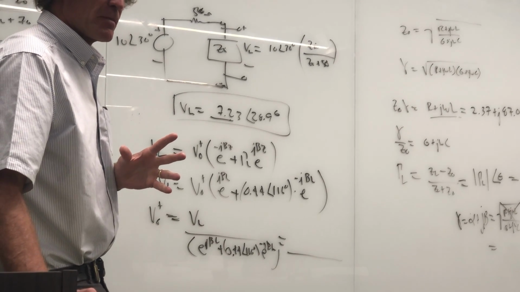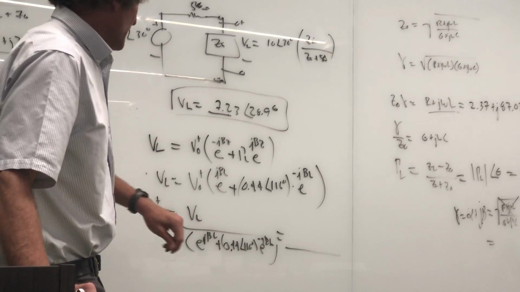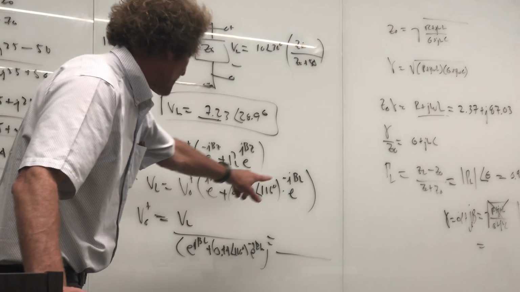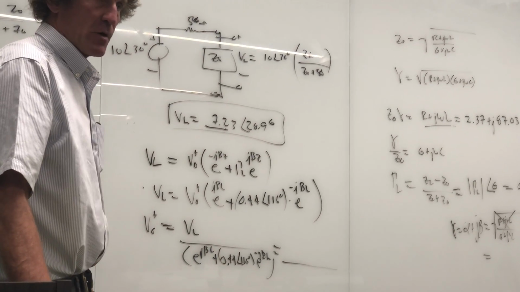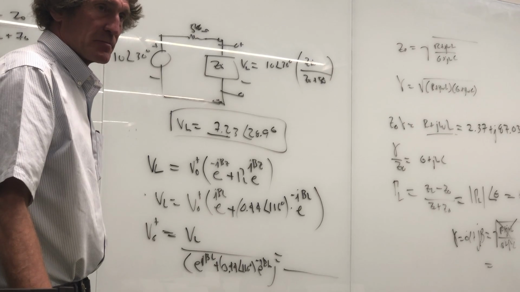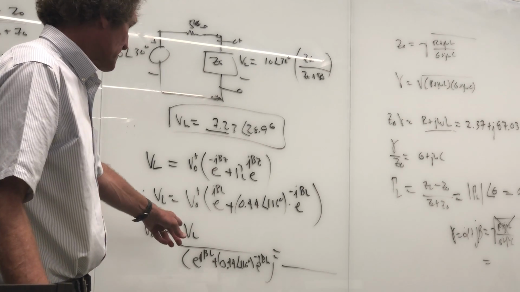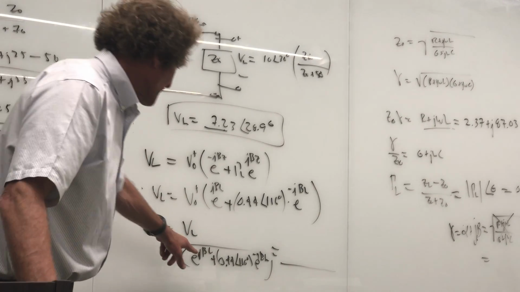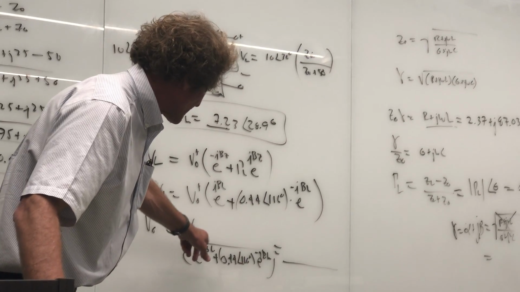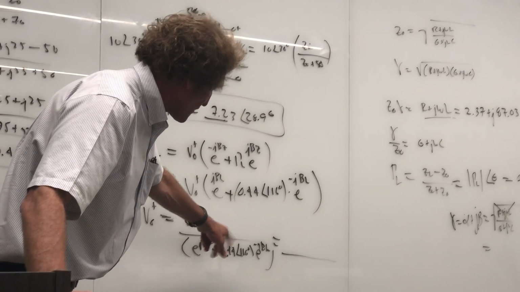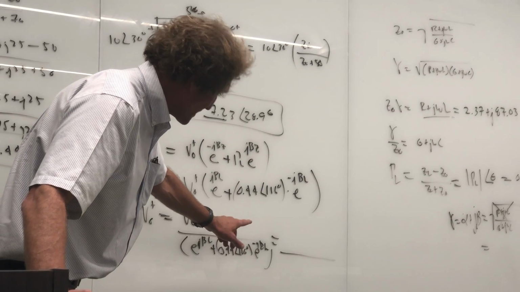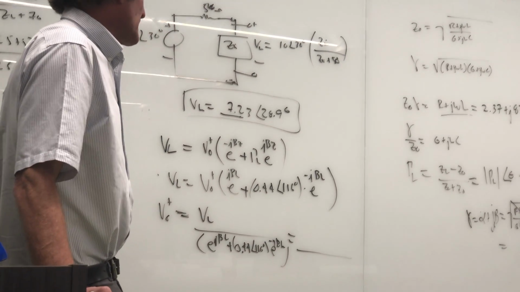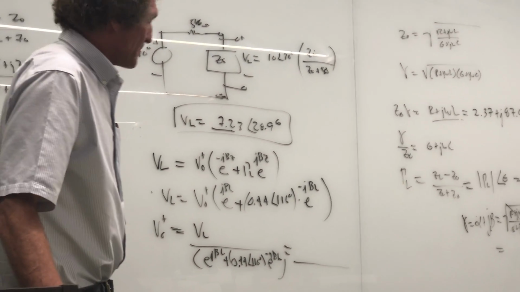To get V0, I just take VL divided by that stuff. Now what is V0 going to be? Can you do this calculation for me? You've got VL here, and this beta L is up there, so it's e to the j beta L plus 0.44 at an angle of 116 degrees times e to the minus j beta L, which is up there.